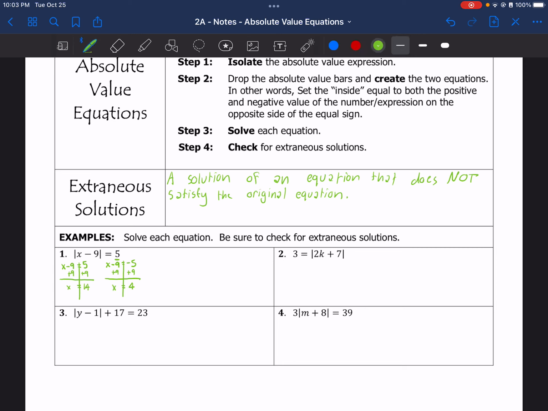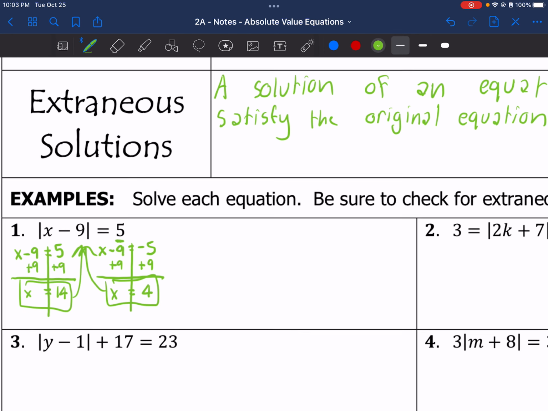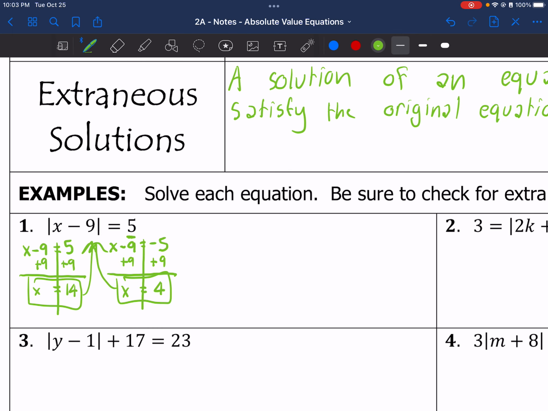So we are going to check for extraneous solutions by putting these x values back into our original equation. So for x is equal to 14, we're going to plug that back in. And whenever we substitute anything back in, we're going to put parentheses around it.